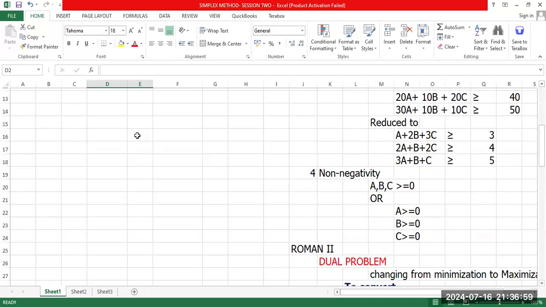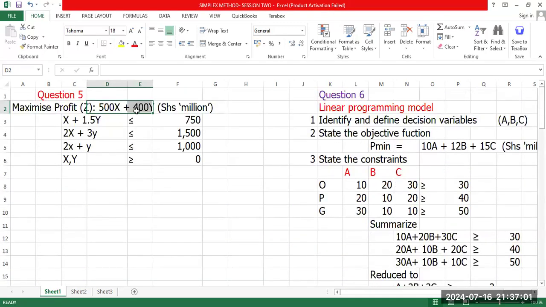So here you cannot introduce a slack variable. And another reason is you don't need to determine a surplus on the objective function. Your objective function is not a limitation. Your limitations are constraints.